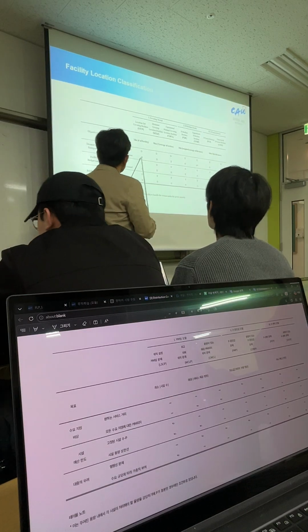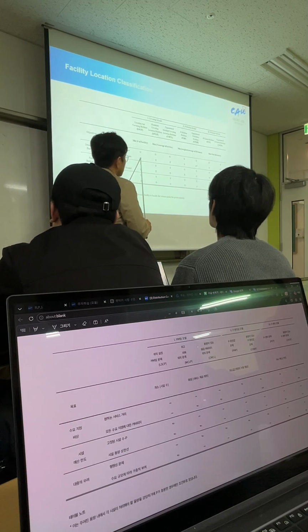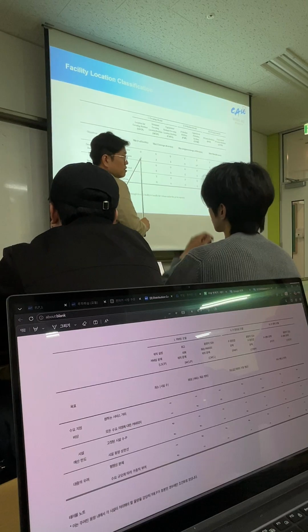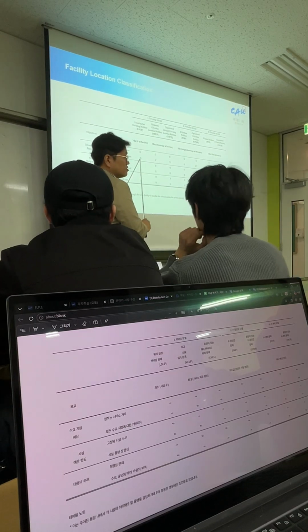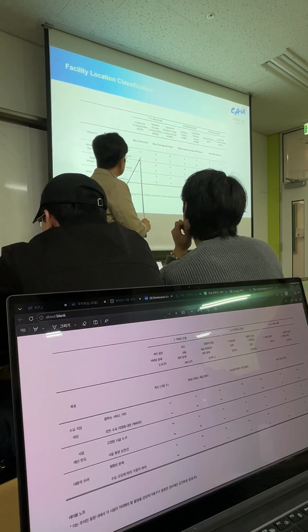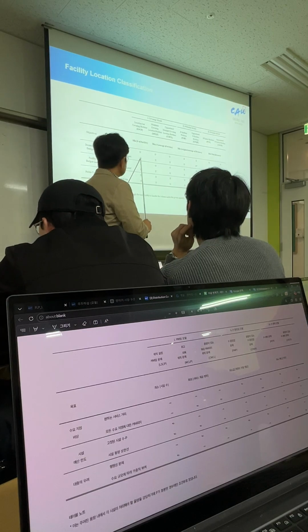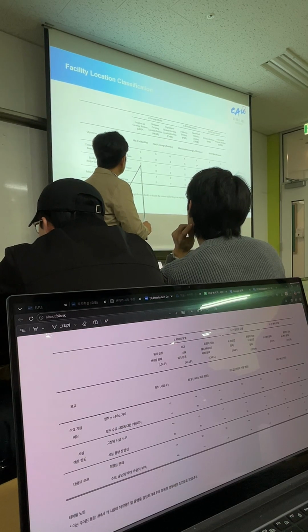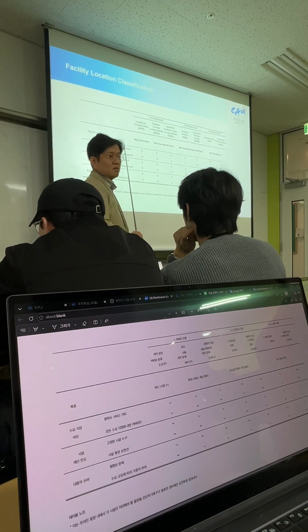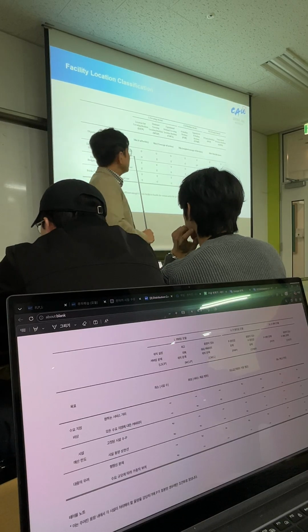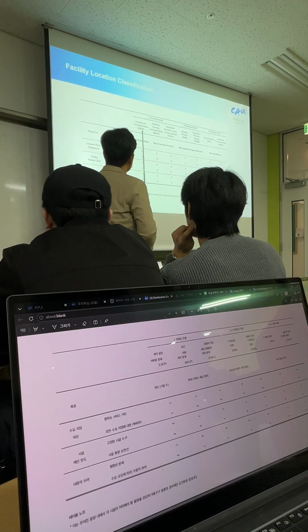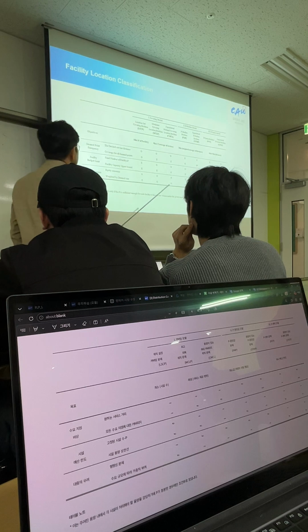So here, applicable means I cannot waive any customer from our service network. At the same time, I want to minimize the number of facilities. Okay? So that is the LSCP, the location set covering problem.